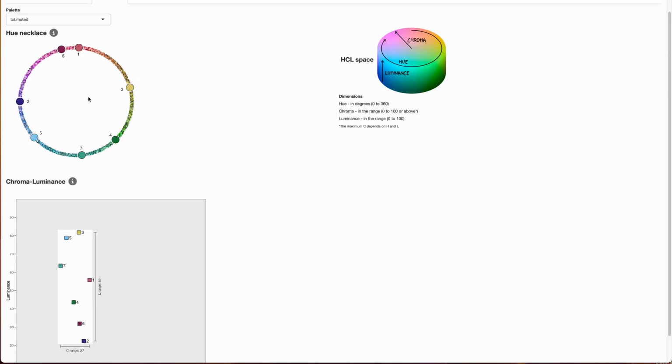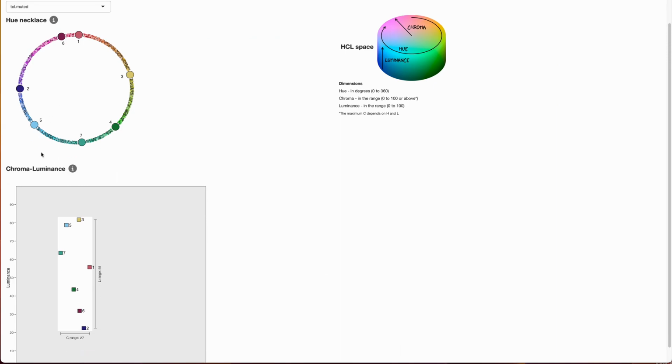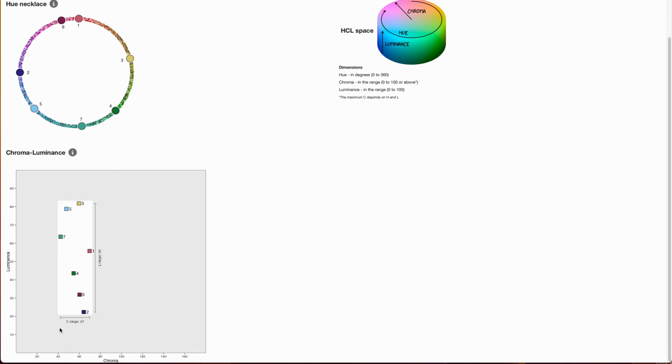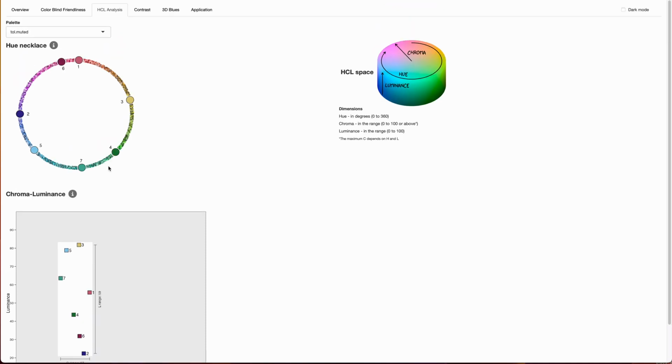If you look at the chroma luminance plot, you see that they are saturated about equally. However, the luminance varies a lot. So if you use, say, a white background, then the dark colors will stand out more than the brighter colors. So that's, I would say, a minor issue.